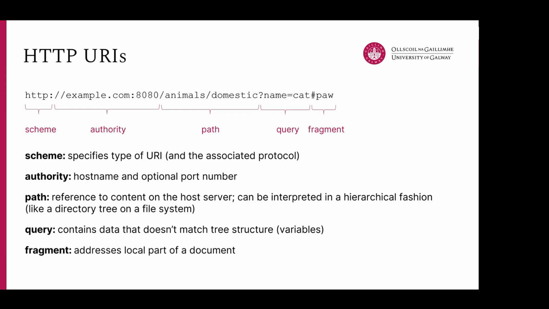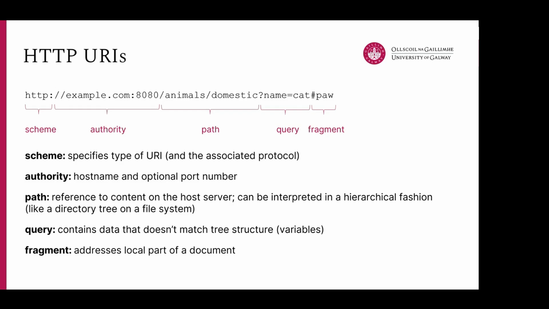Then we have a path, and a path is the reference to the content on the host server, and it is in a way the same as your file tree on your computer. So you can think about it as folders that are nested, right?